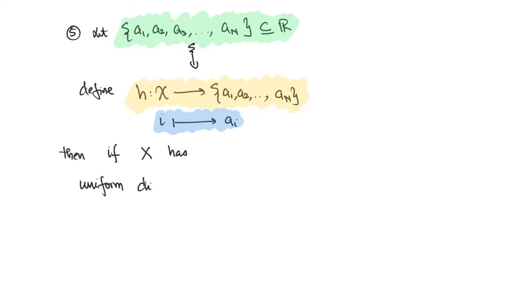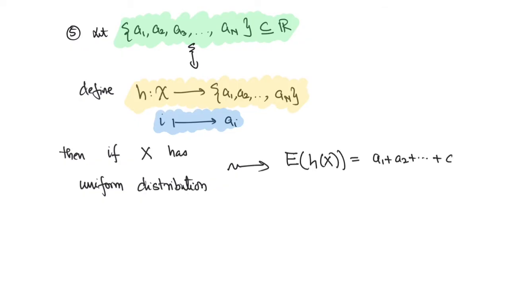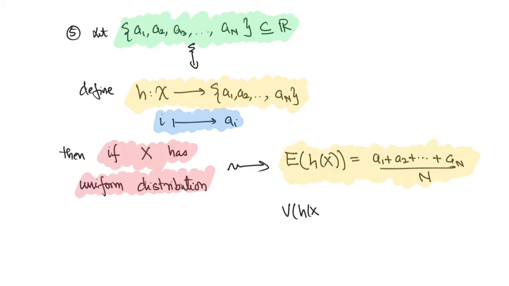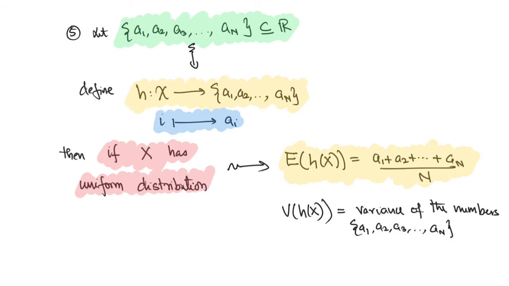Now if X has the uniform distribution, then the expected value of h of X is equal to a1 plus a2 all the way up to aN divided by N, which is exactly the mean of these N numbers, and the variance of h of X is the variance of these N numbers. In this setting, the discrete uniform distribution just gives us the regular mean and variance of a set of N numbers coming from the set of real numbers.